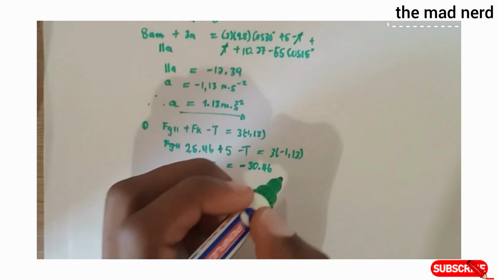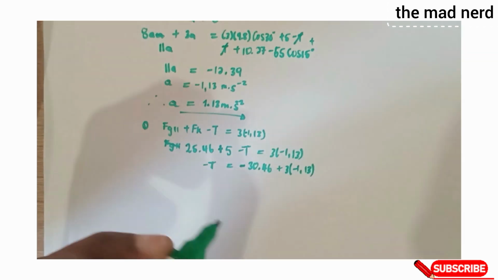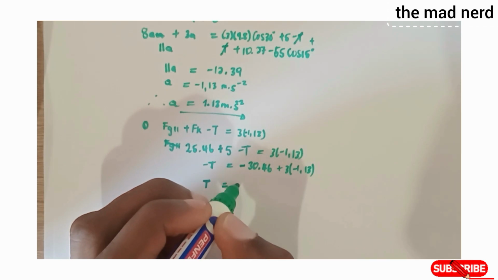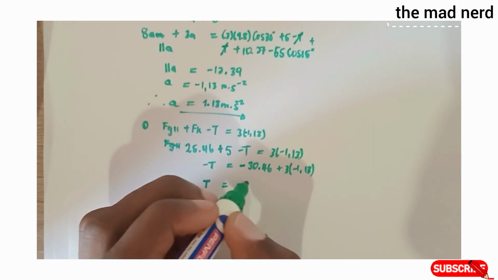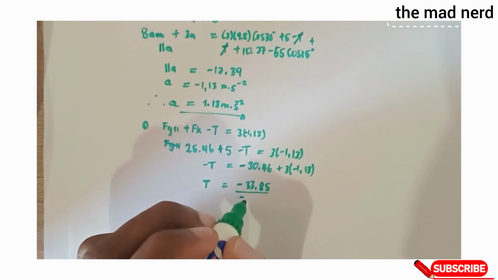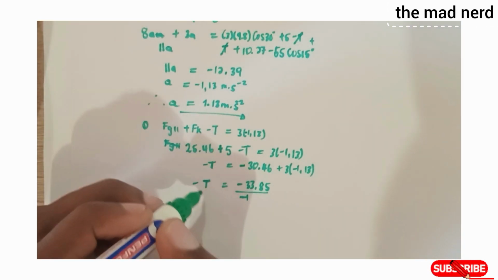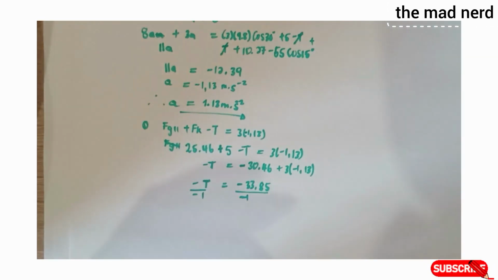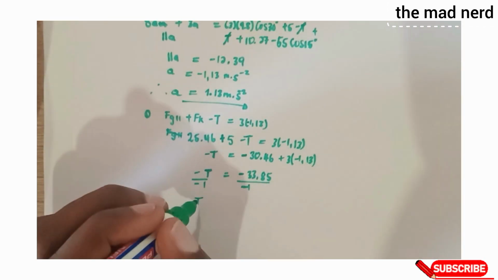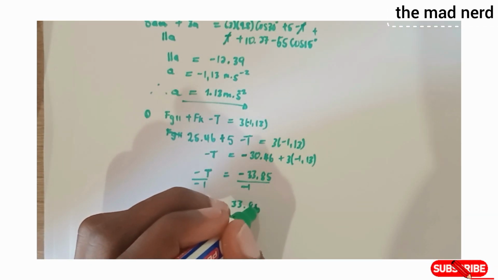Now we add that, and what we've got for T, the tension, is negative 33.85 over that negative 1 that was there. So it was negative, and we said negative so that it can cancel out, and we have T as 33.85 newtons.